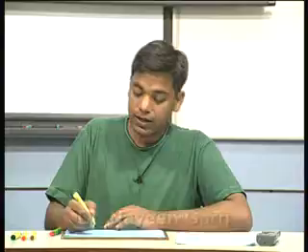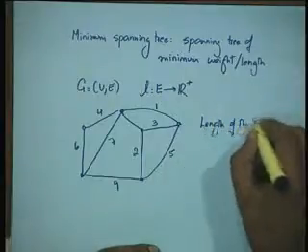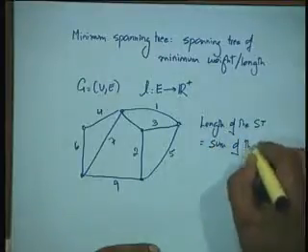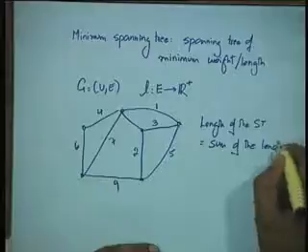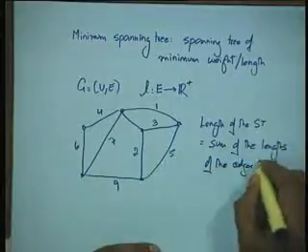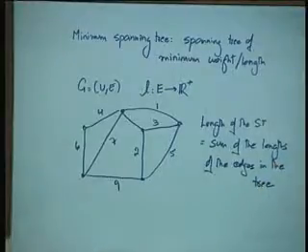So, let us formally define that. The length of the spanning tree equals the sum of the lengths of the edges in the tree. So, I might now decide to pick some edges.